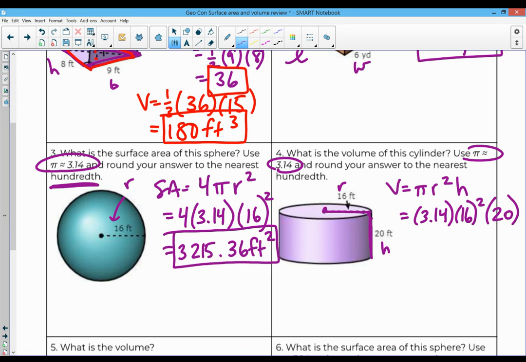Make sure you're only squaring the 16. So you plug it in just like that: 3.14 times 16 squared times 20. Pretty big number, but that makes sense. 16 and 20 are relatively large as well. So that'll give me 16,076 and 8/10. Volume is cubic feet.